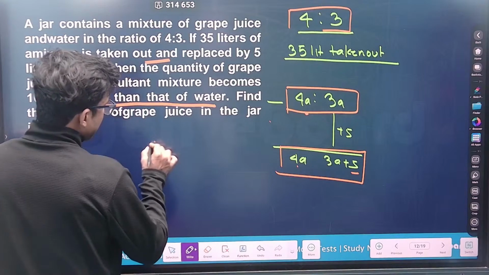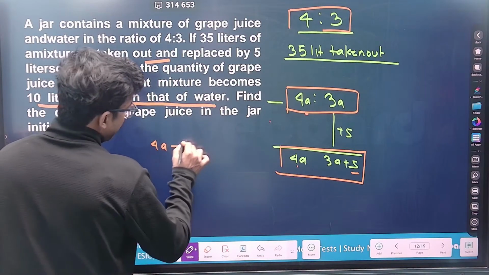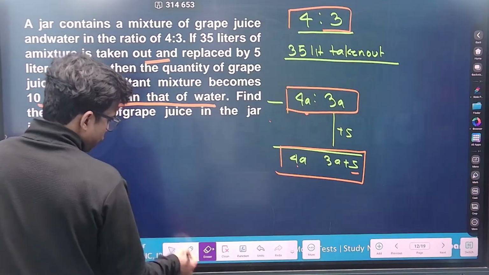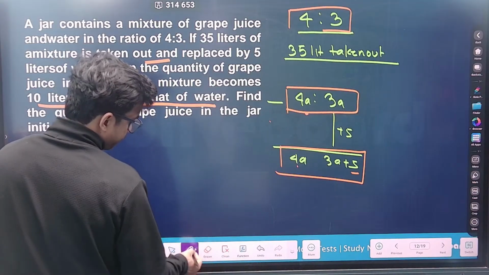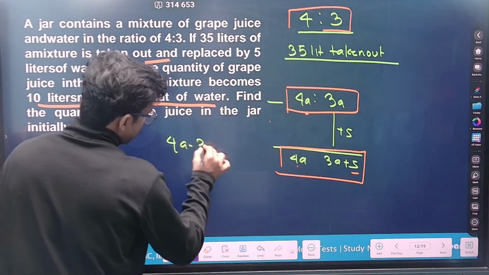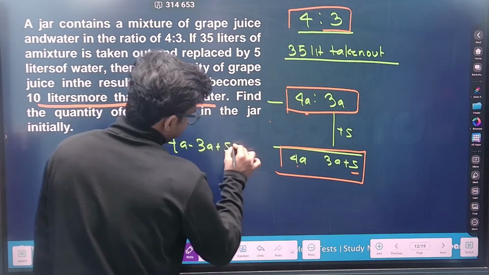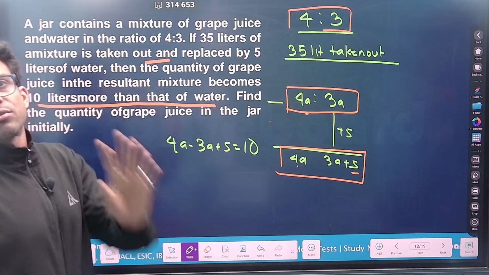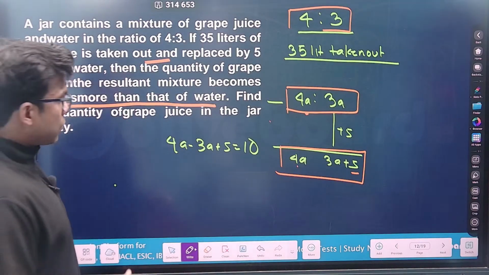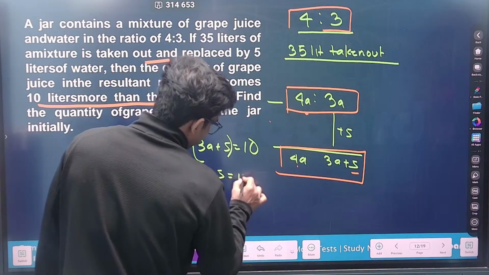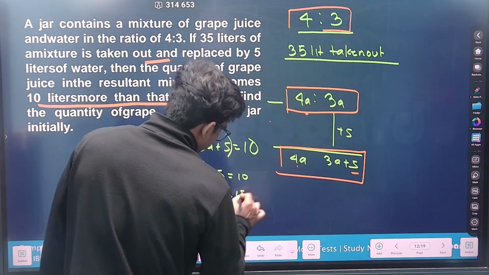The question is saying 4a minus (3a plus 5) is equal to 10. So a minus 5 is equal to 10, and the value of a would be 15.